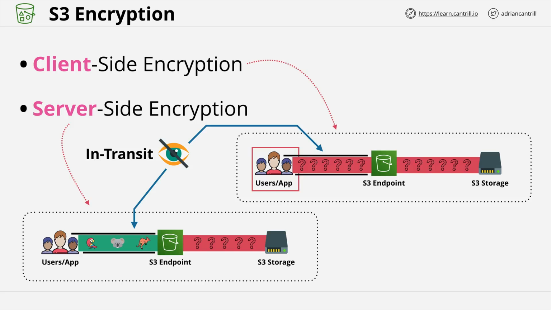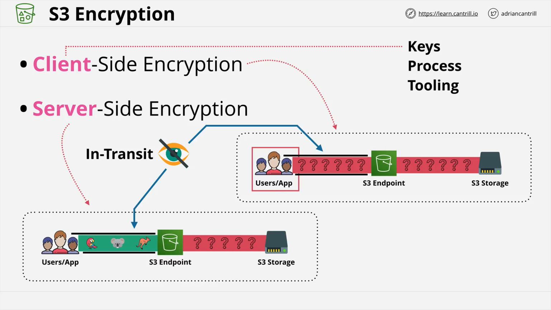You just use S3 for storage. Nothing else. So you own and control the keys, the process, and any tooling. If your organization needs all of these, then you need to utilize client-side encryption. And essentially, this doesn't use S3 for any part of this encryption process.